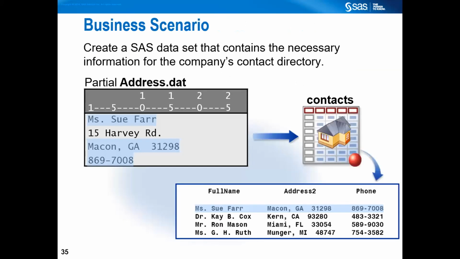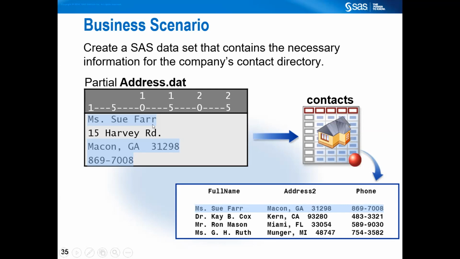So look at this raw file. It's telling you that you have a scenario where you have to create a data set that contains the necessary information for the company's contact directory. So you have address data in a raw file. It's a DAT file. You will find that for a single employee, which has to be read into a SAS dataset as a single row, you have multiple records in the raw file.